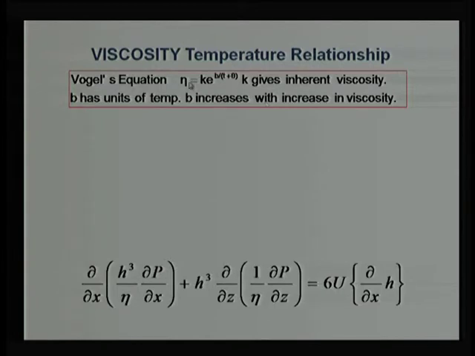Now, if I want to substitute this viscosity relation in the Reynolds equation, then what will be the problem? If I substitute directly, I will find when there is a temperature, viscosity is not represented in terms of pressure here, but it is represented in terms of temperature, and in the Reynolds equation we do not have any temperature term.